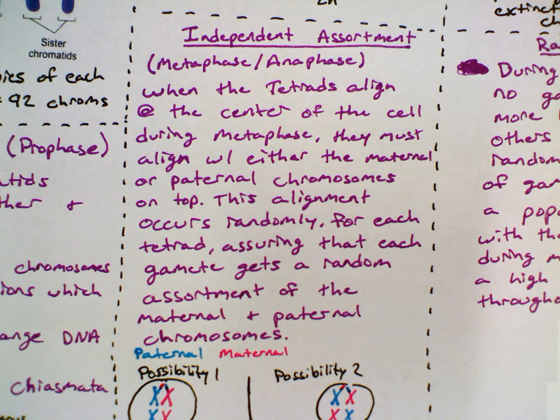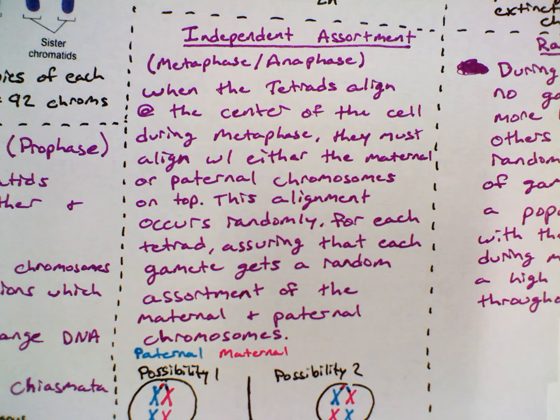But because of this, not only do we have 4 different versions of each chromosome number, but now we are going to randomly combine these 23 chromosomes together. So you might end up with a chromosome 1 that's mostly dad's with a little bit of mom's, and then chromosome 2 that's all mom's, and then a chromosome 3 that's mostly mom's with a little bit of dad's, and then a chromosome 4 that's all dad's.